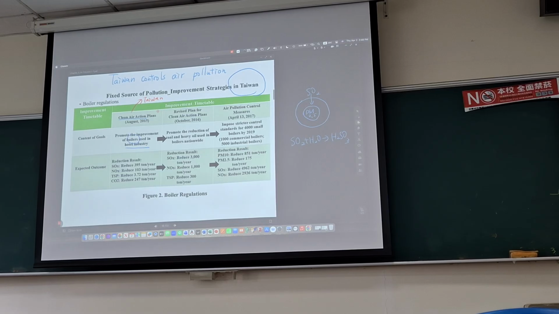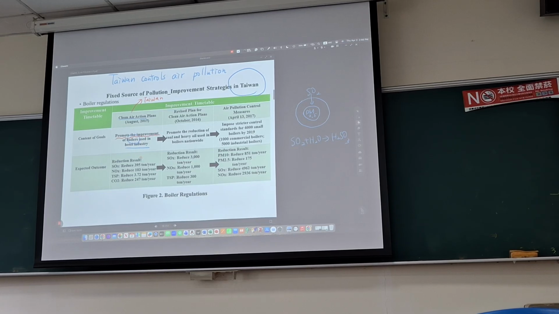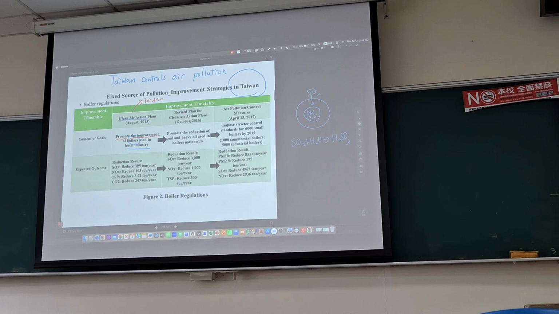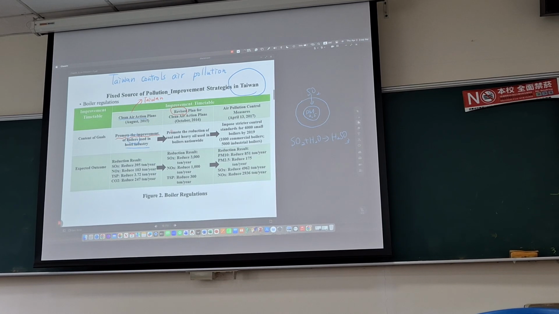In August 2015, before that, the Taiwanese government tried to promote improvements, starting in the hotel industry first. So this is the revised plan starting from 2016.